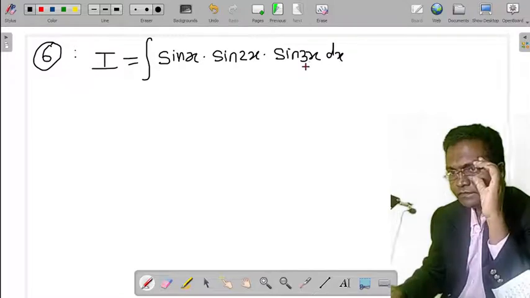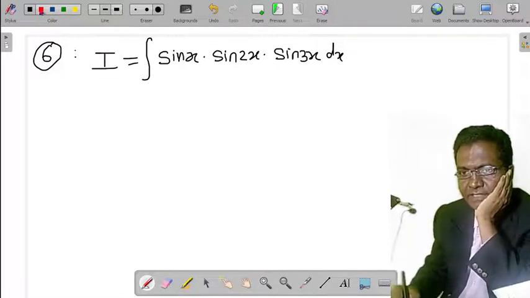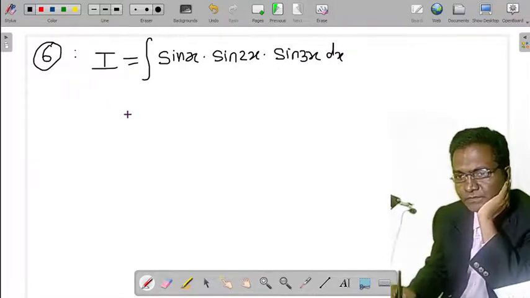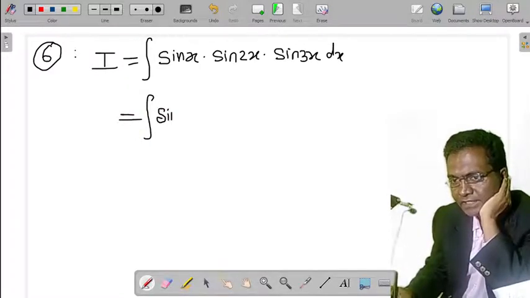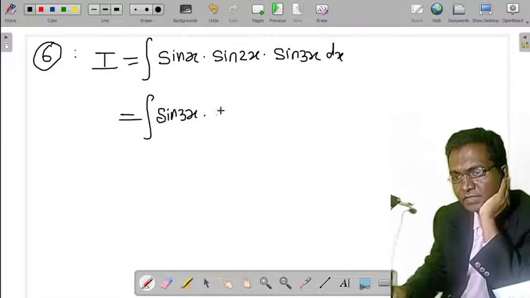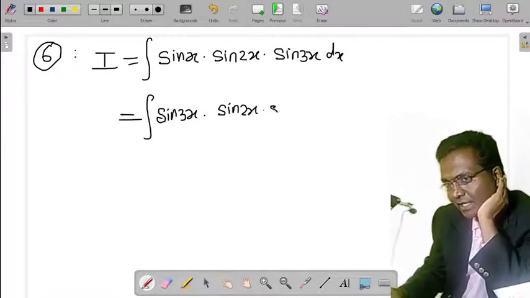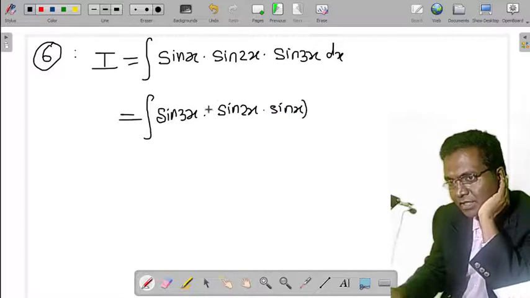Now, as I said earlier, you need to regroup it. First I write sin 3x into sin 2x, in the decreasing order of the angle, then sin x dx.